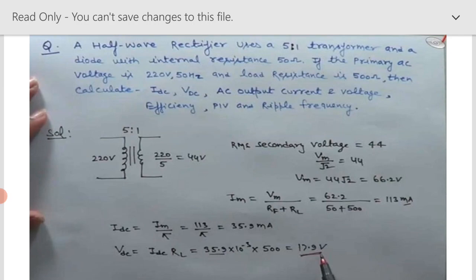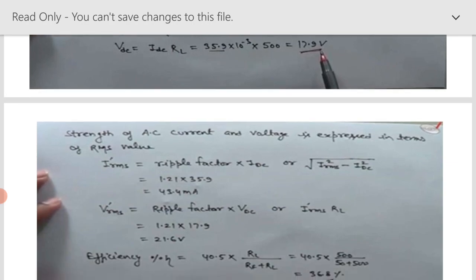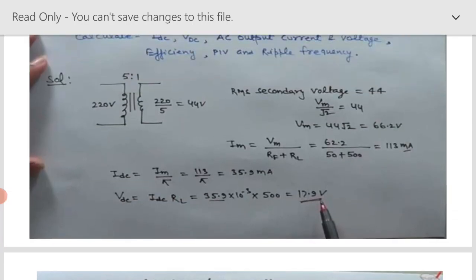If the primary AC voltage is 220 volt, 50 Hz, and load resistance RL is 500 ohm, then calculate IDC, VDC, AC output current and voltage, efficiency, PIV and ripple frequency. This is one example of a half wave rectifier.